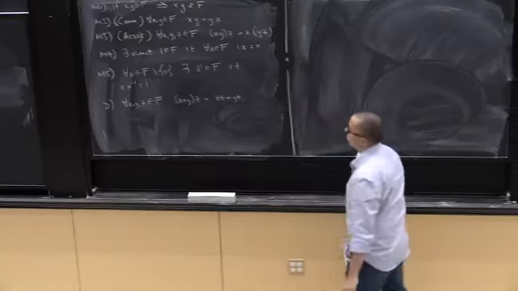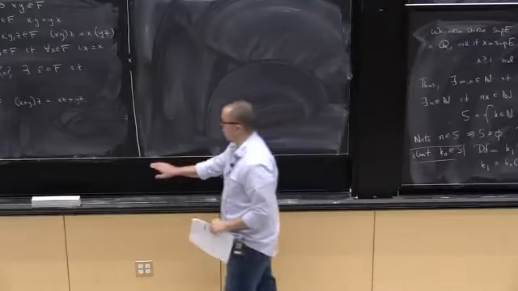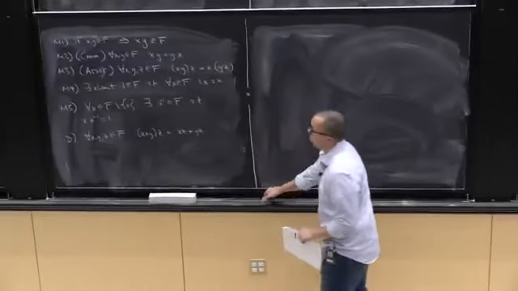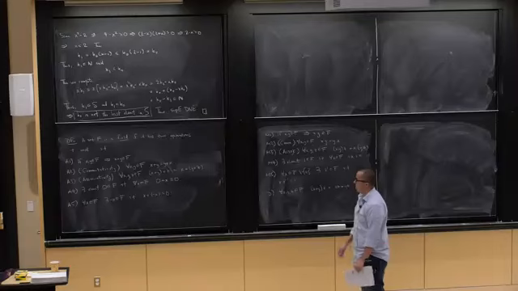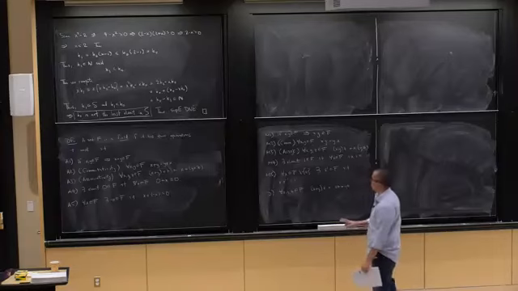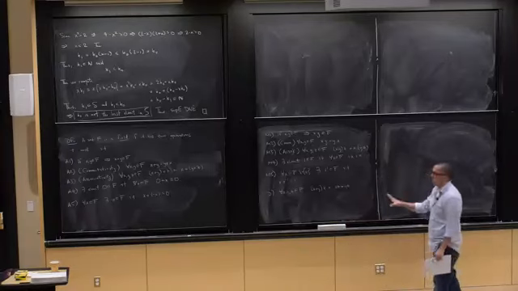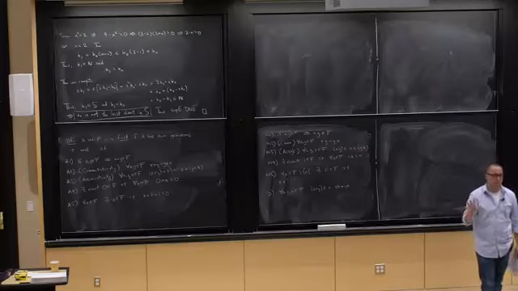So a field is a set with two operations, plus and dot, meaning multiplication, and these two operations need to satisfy all of these conditions for my set to be called a field.